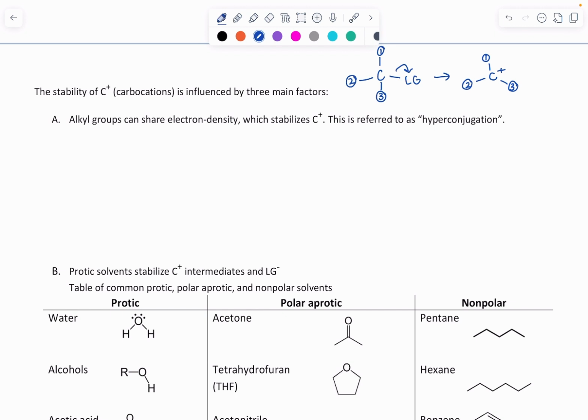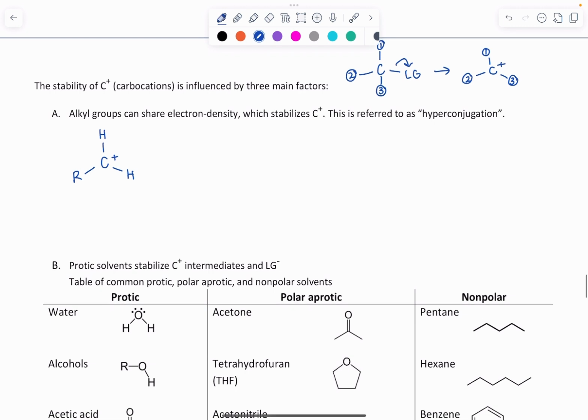Okay, so we're going to talk about how groups 1, 2, and 3, what I labeled there, if they're hydrogens or carbons or something else, how that stabilizes the overall molecule. So first, let's say it is a primary carbocation. So this would be a carbon, the carbocation, bonded to 2 hydrogens, and then in our group, so that's some carbon chain. This is the least stable. So only 2 hydrogens there.